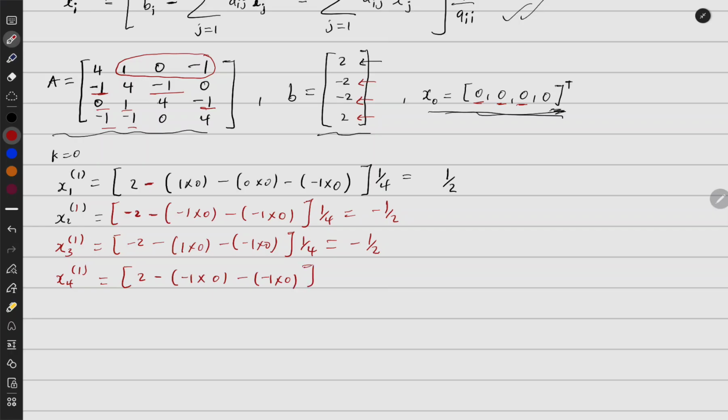This has really been boring. This is also 1 over 4, so we have a half. So we see that my x1 is a half, negative a half, negative a half, and a half, transpose.